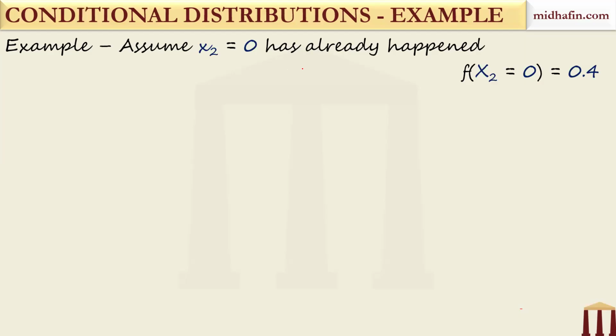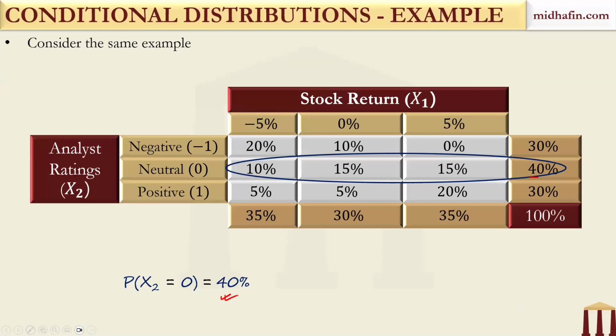So if I want to find out the probability that the stock return will be negative 5%, the first outcome I am considering now is this one. Given that the analyst rating is already neutral, I want the probability that the stock return will be negative 5%.